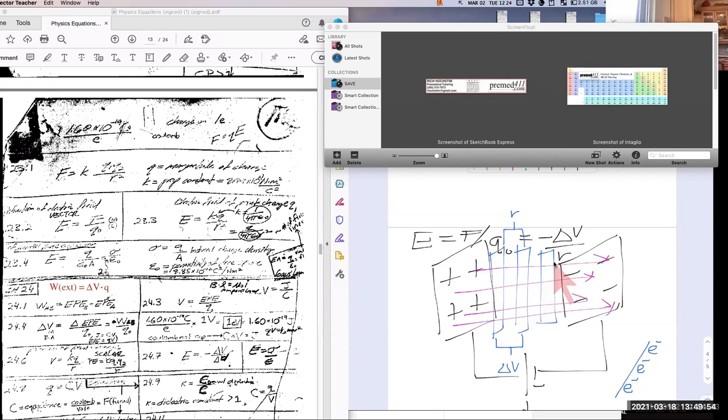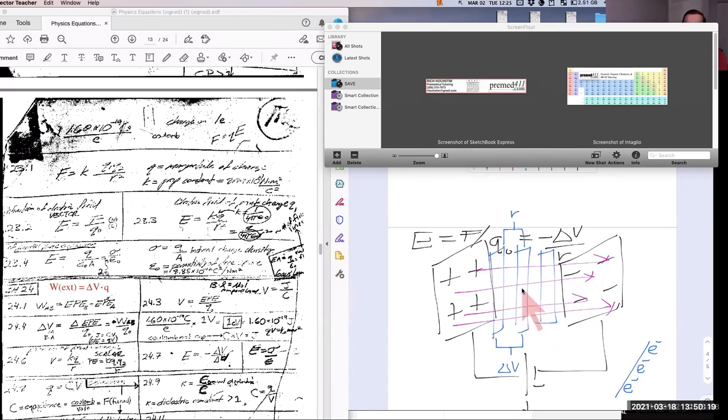One of the cool things about this is that you'll notice that the electric field lines, purple, and these sections, which are called equipotential surfaces, meaning the voltage is the same on all of them, are all perpendicular.